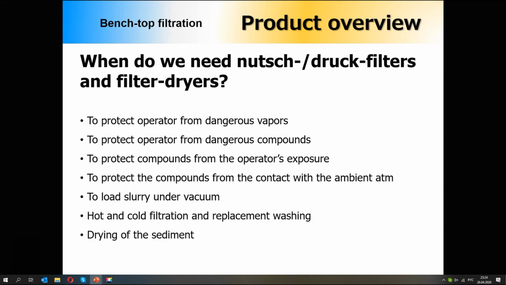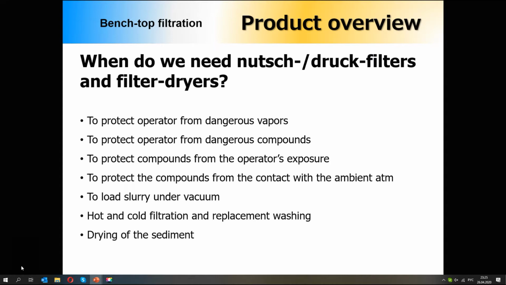Sometimes we filter from something that is, let's say, pretty safe, like water maybe, but the sediment that remains after the filtration can be dangerous. That can be some kind of, I don't know, cytostatic compound. So it is important to protect the operator from this dangerous compound.